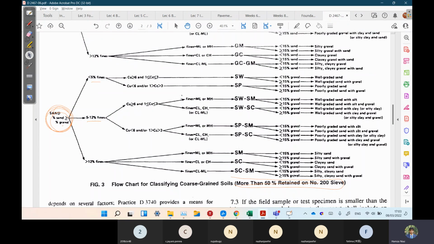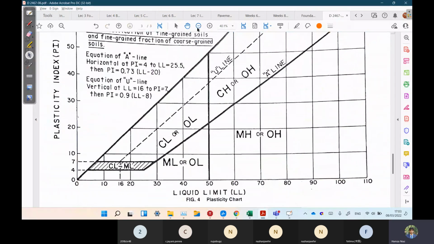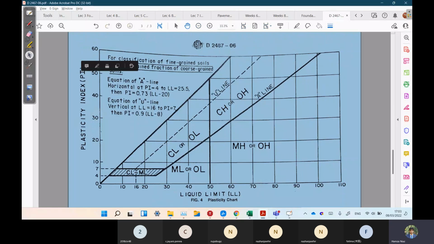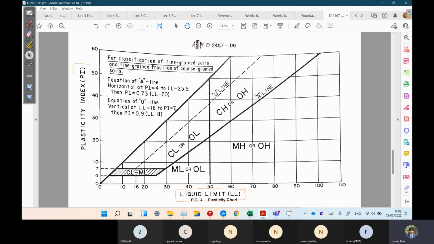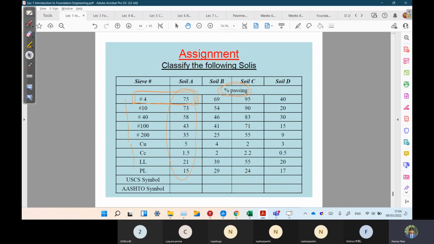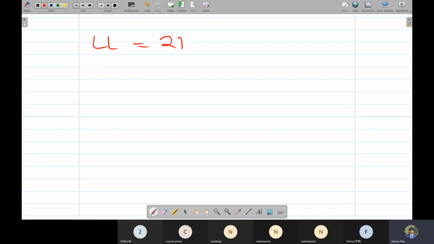For the third part, we know that the fines are 35%, so we move towards here. Now we have to check which type of fines these are. For that, we have this A-line chart. For the A-line chart, we require two things: liquid limit and plasticity index. Liquid limit was directly given here; it is 21.